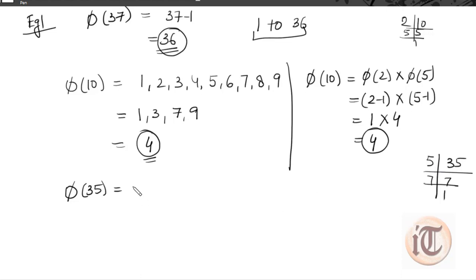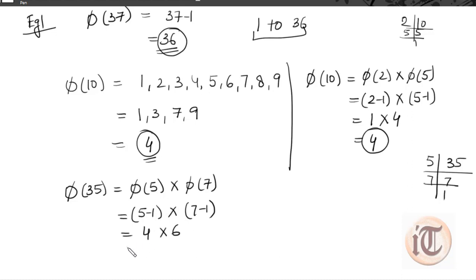So we take this as phi of 5 into phi of 7. These are two prime numbers, so now we apply rule 2. So this becomes 5 minus 1 into 7 minus 1. This will become 4 and 6, and 4 times 6 is 24. So the answer is 24. So this is how we calculate phi of 35 according to the rule.